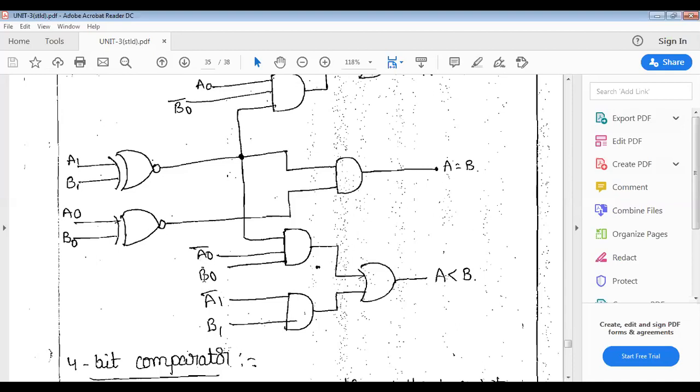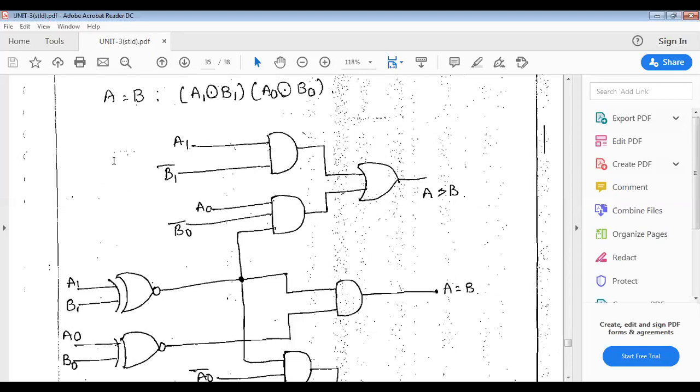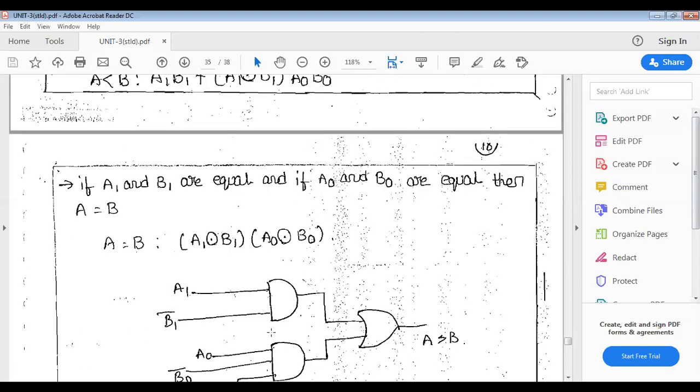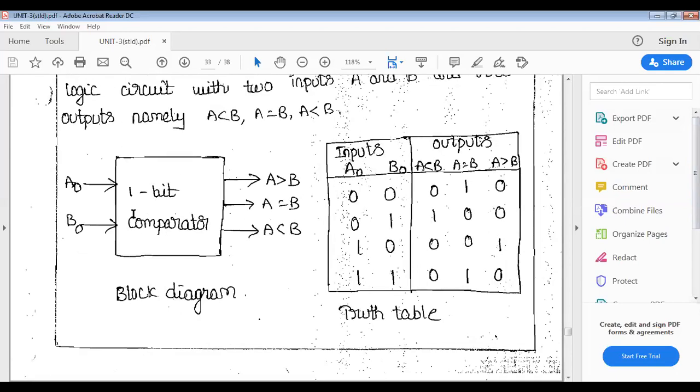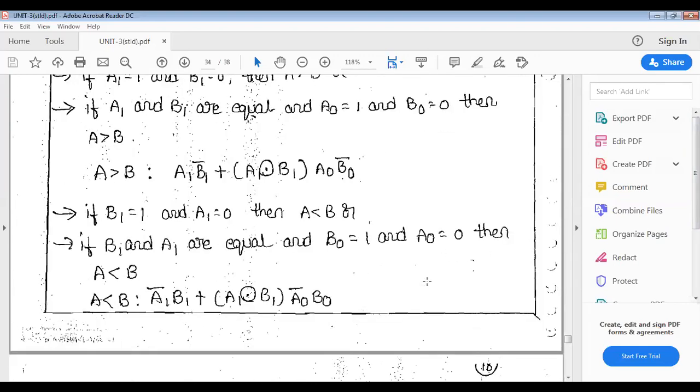So A0 bar and B0 are compared in the second term to get A less than B. This is the inside of the block diagram, the logic diagram we designed, the inside of this IC having A0, B0 and A1, B1. The outputs are A equal to B, A less than B and A greater than B.